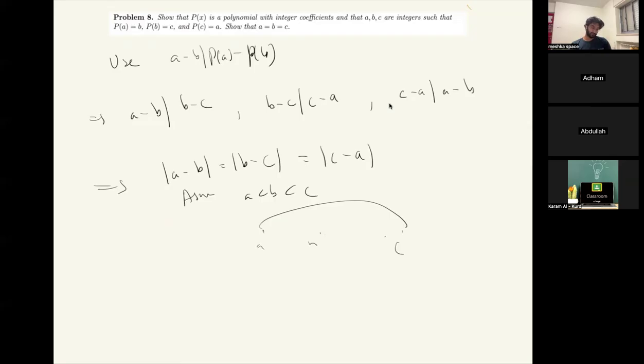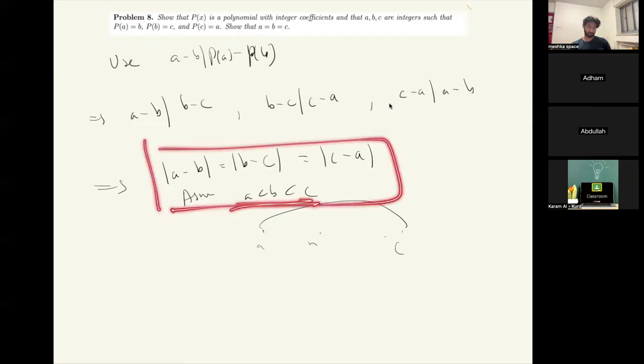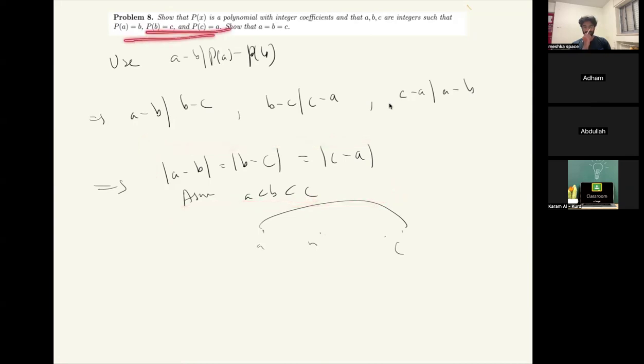But I want to make a point, which is you can assume this at this stage. You can't assume it from the beginning, because the given information is not symmetric, it's cyclic. So you actually cannot assume an order.